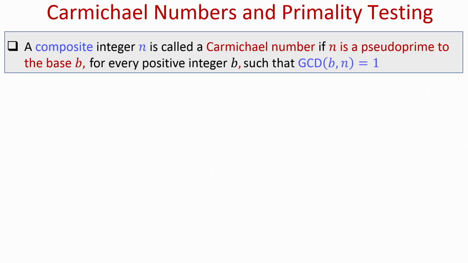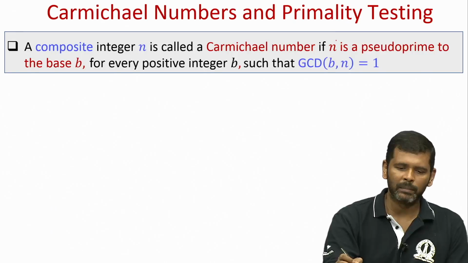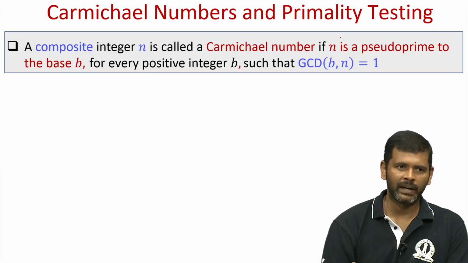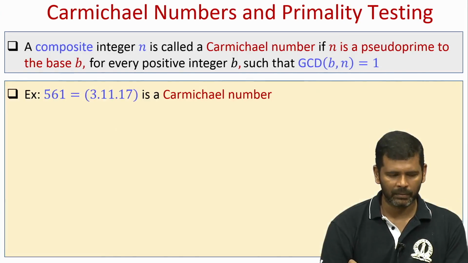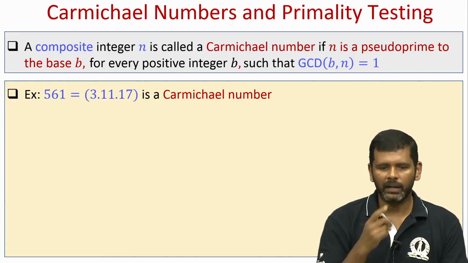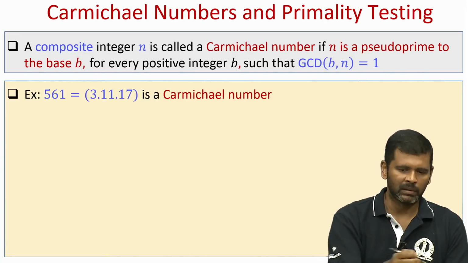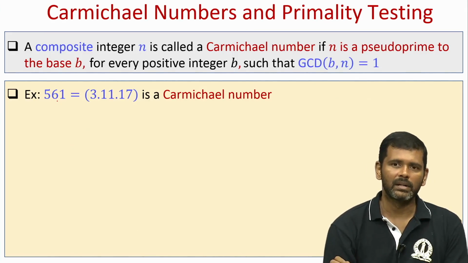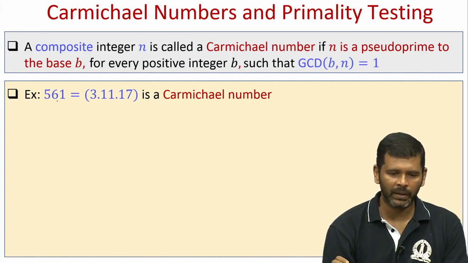So, now you might be wondering, do Carmichael numbers indeed exist, and if they exist, are they finite or are they infinite in number? So, indeed it turns out that we have lots of Carmichael numbers. In fact, the study of Carmichael numbers itself is a very interesting research topic in number theory.